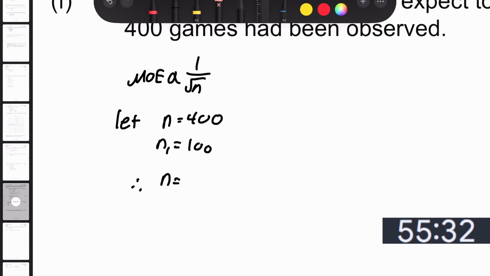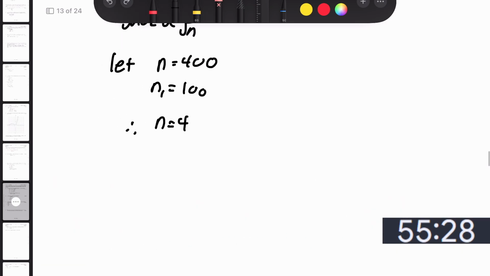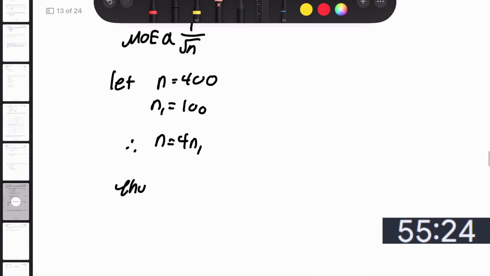Therefore, n equals 4 n1. Thus, margin of error will be 1 on 2 n1.